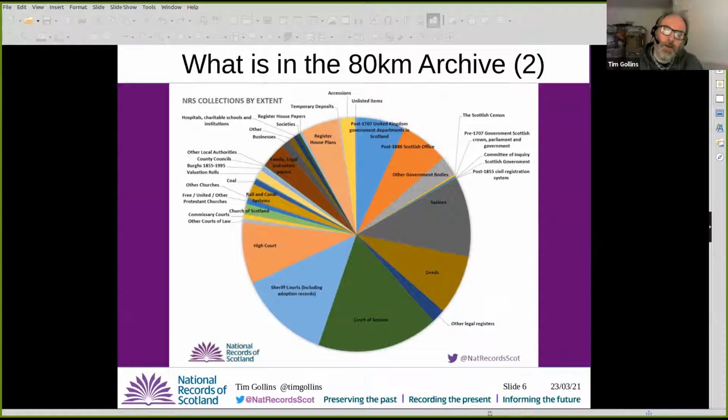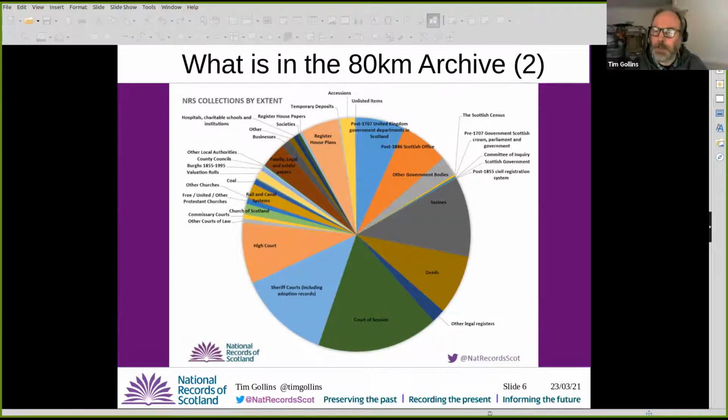Now, is this an unbiased collection? Would be a reasonable question, I think, to ask. What caused this collection to be the shape that it is? So I've indicated that it's skewed towards legal documents because of the legal framework in which we operate. The 1937 Act privileges court records and legal records.